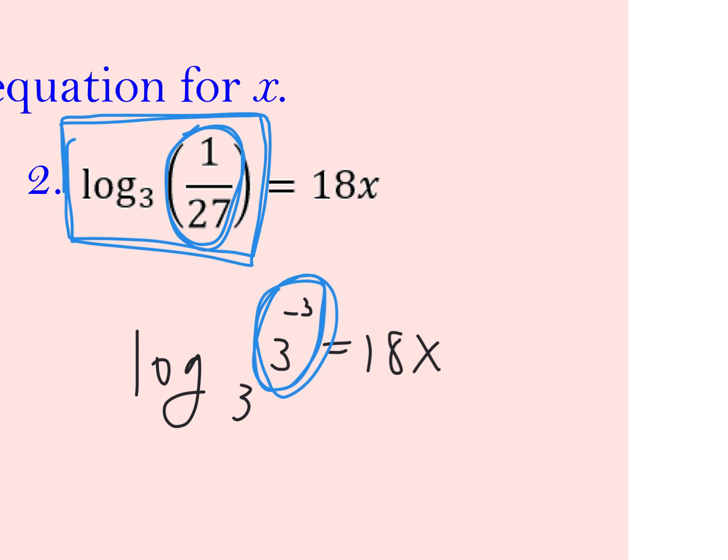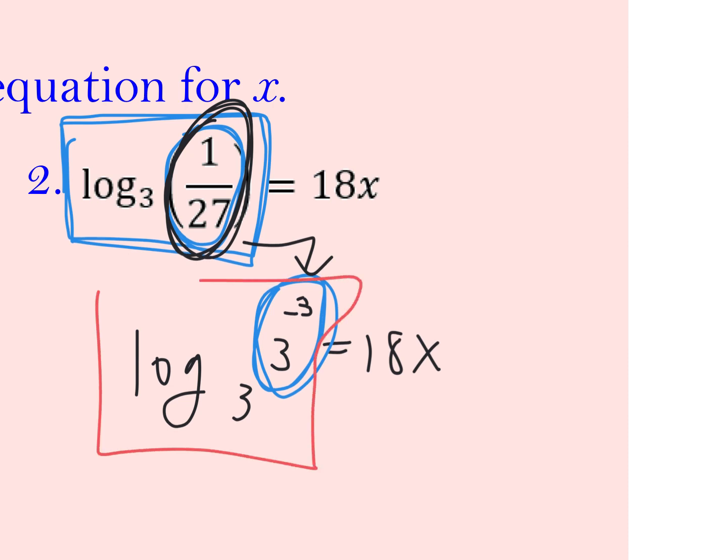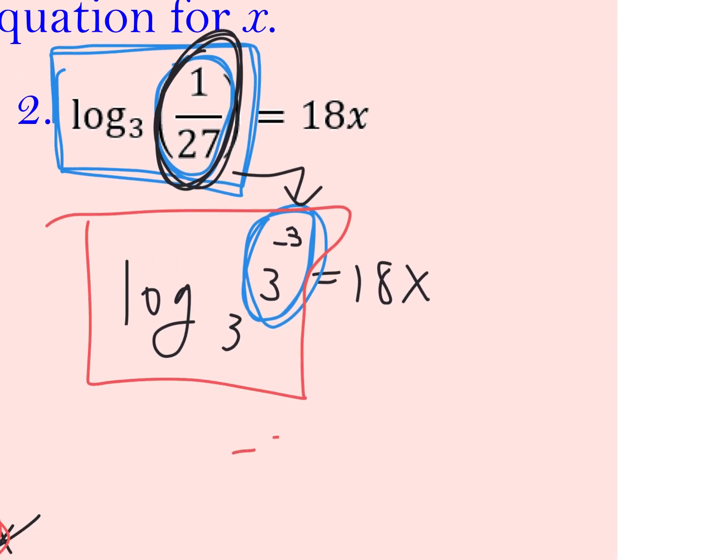So I would just change this to this, and then I know that this whole part here is equal to -3, and it doesn't get much simpler for an equation than just chopping out the whole log part and putting in -3. Then my final answer, oh wait, divide by 18, not -3.